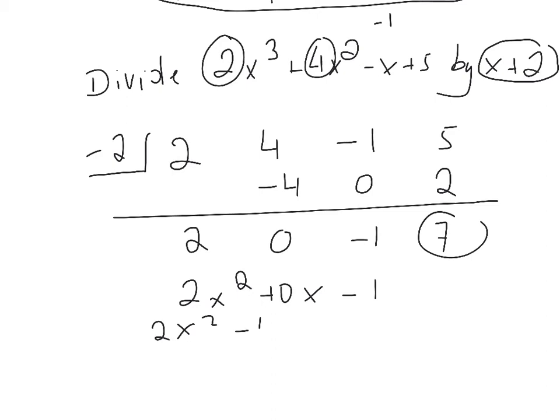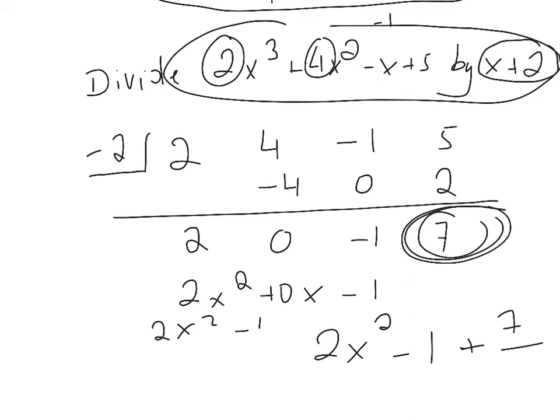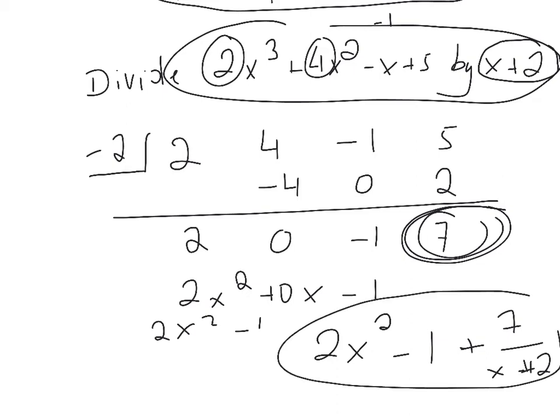The answer to this division problem is 2x squared minus 1, and please remember, this is your remainder. So that will be plus 7 over x plus 2. Okay, so this is your final answer.